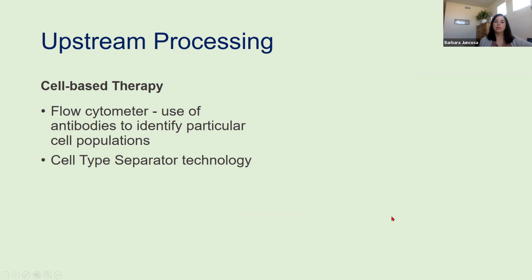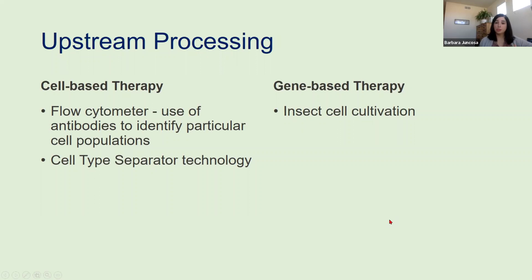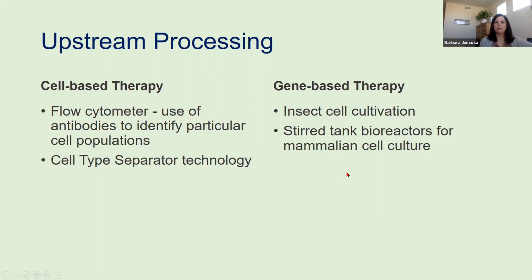And then on the gene-based therapy side, as we talked about, insect culture could be helpful here. So the materials you would need for that. Stirred plate tank bioreactors, if you're doing mammalian cell culture for the AAV production.